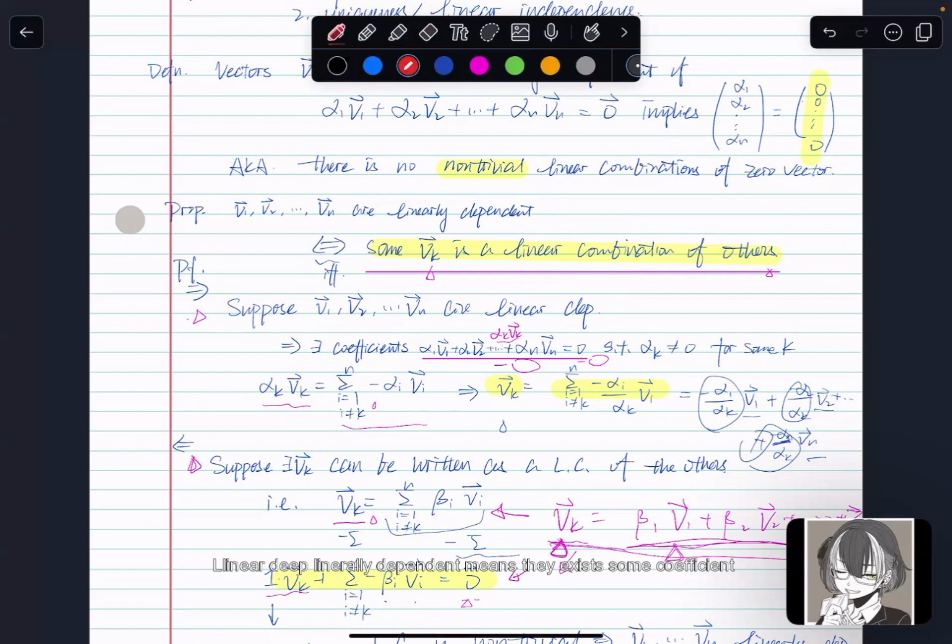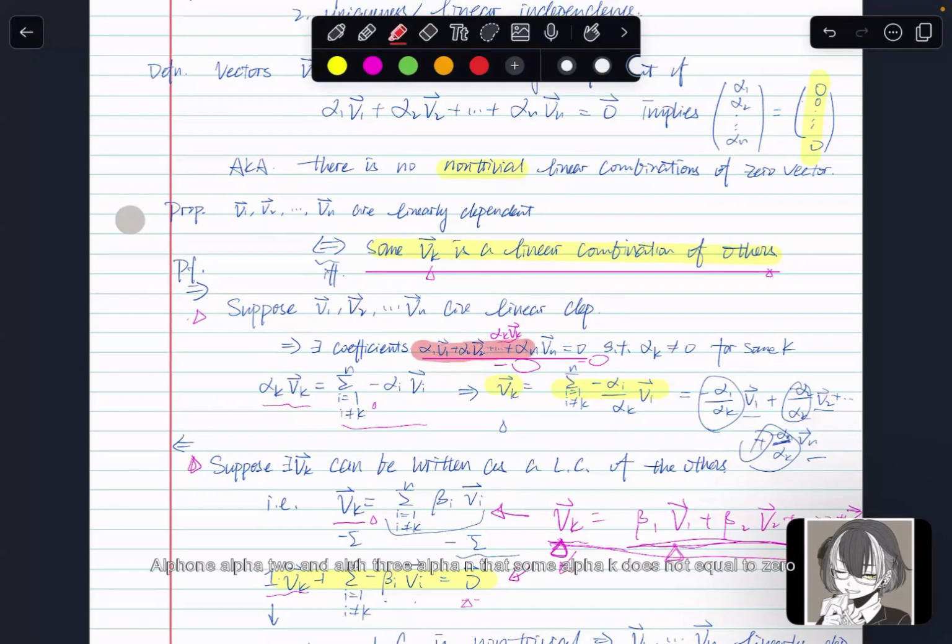Now, linearly dependent means there exist some coefficients alpha 1, alpha 2, through alpha n, such that some alpha k does not equal 0, meaning that one of the alphas is not 0. All right, this is what we get from linearly dependent.